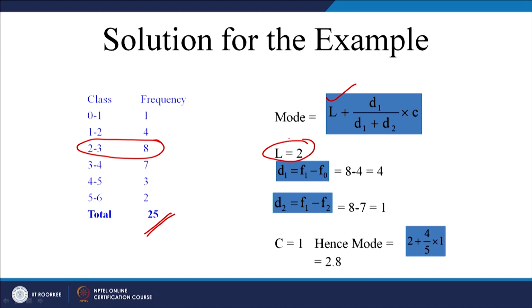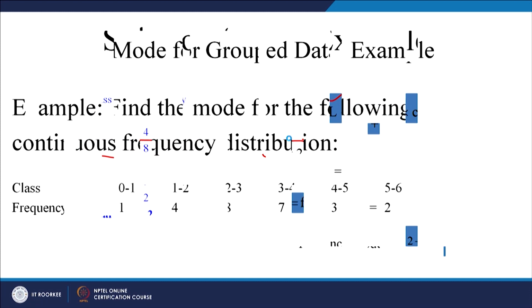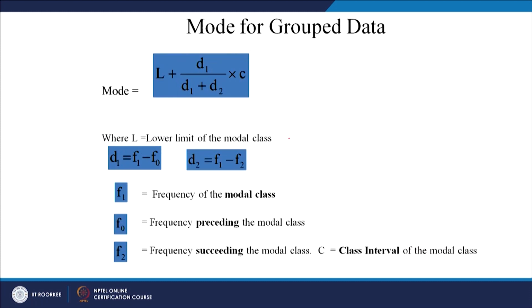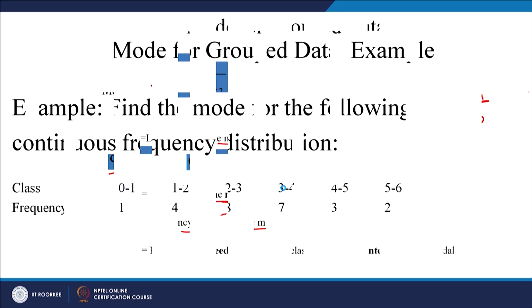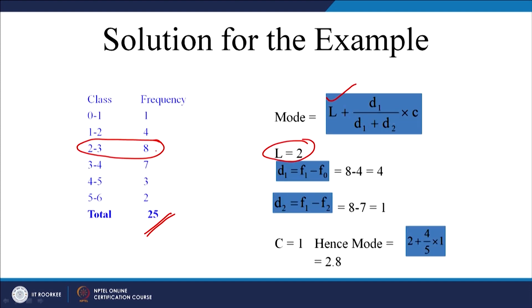F1, what is F1? Look at this slide, F1 is the frequency of the modal class. So, the frequency of the modal class is 8. So, F1 is 8. F0 is the frequency of the previous class, a class previous to the modal class.